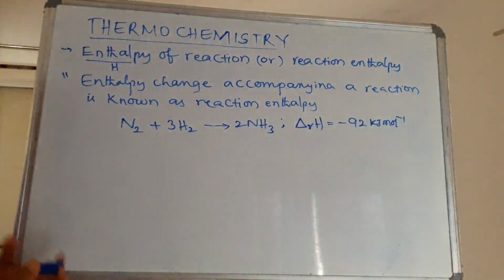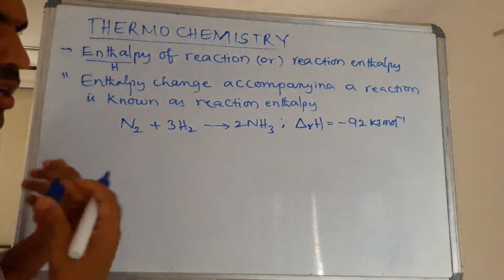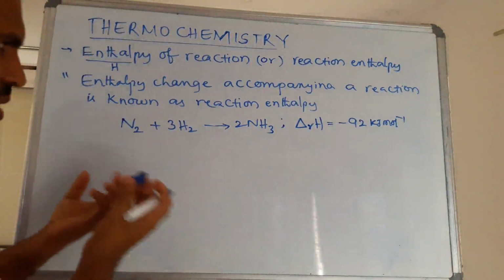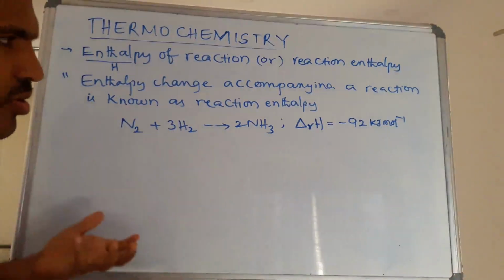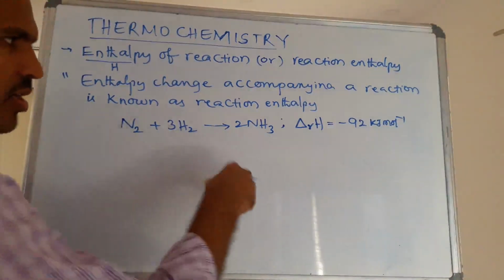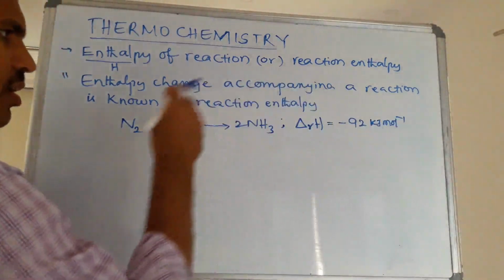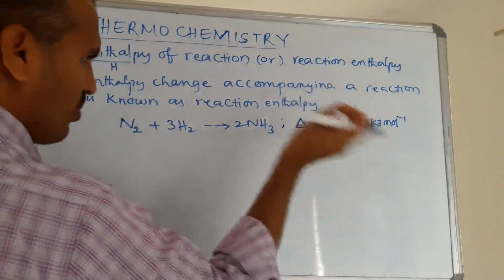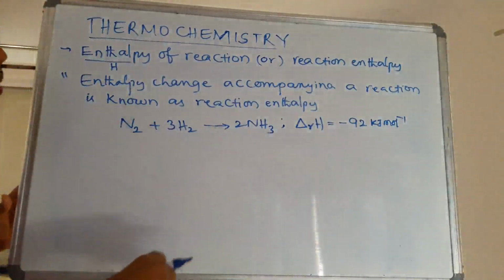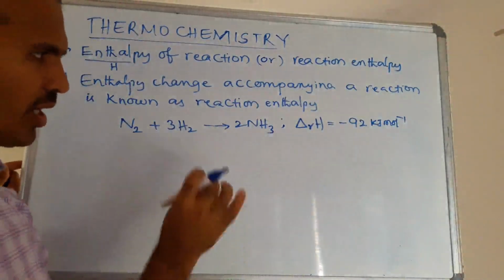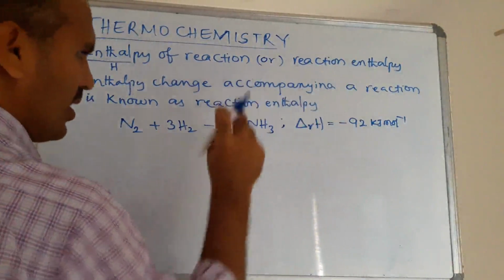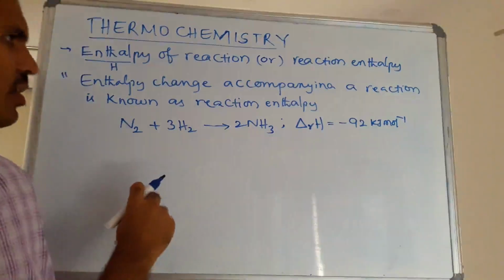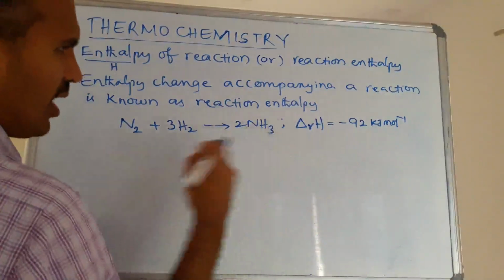In some reactions energy may be lost, in some reactions energy may be gained. Some are exothermic, some are endothermic. Loss means exothermic, gain means endothermic reaction. Minus indicates energy loss, plus indicates energy gain. Energy cannot be negative; you have to understand minus is loss of energy and plus means gain of energy.